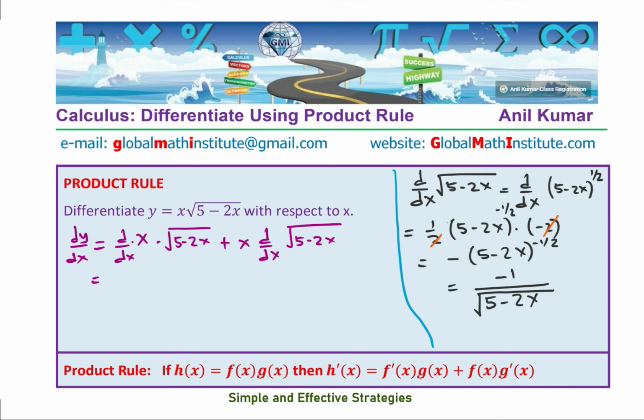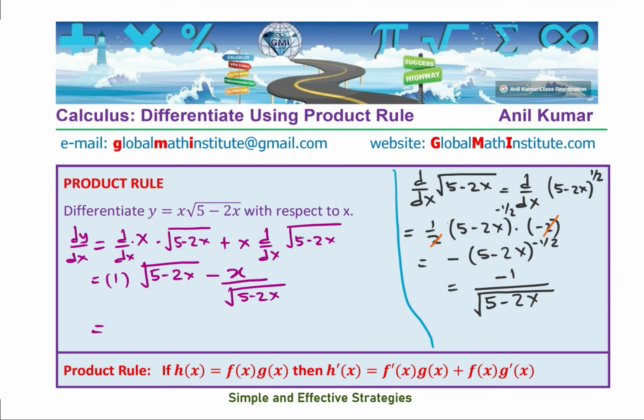Now the derivative of x is 1. That gets multiplied by square root of 5 minus 2x. And here, the derivative of square root of 5 minus 2x is minus 1 over square root of 5 minus 2x, correct? So we'll write minus here, x over square root of 5 minus 2x. Is that clear to you? x as such, and the derivative of square root of 5 minus 2x is this, correct?